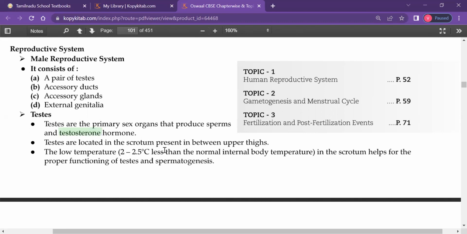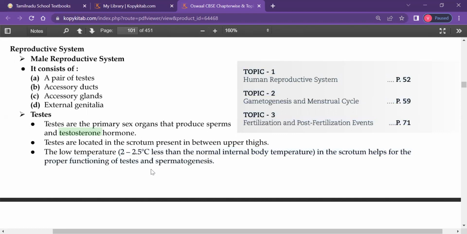The testes are located in the scrotum, a bag-like structure in the upper thigh. The low temperature will help in maintaining the functioning of testes, all right?